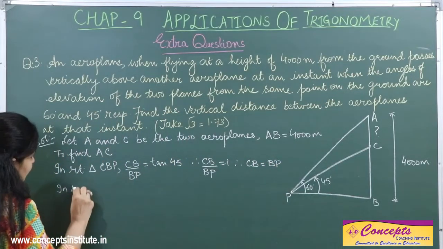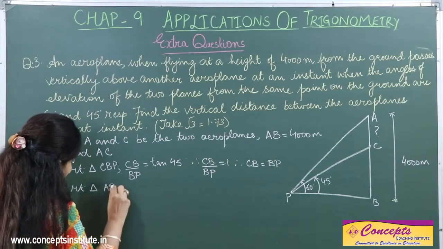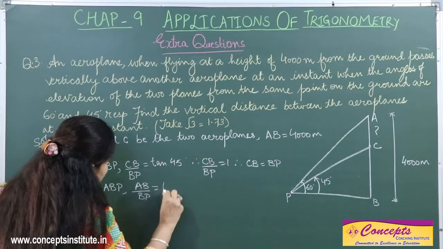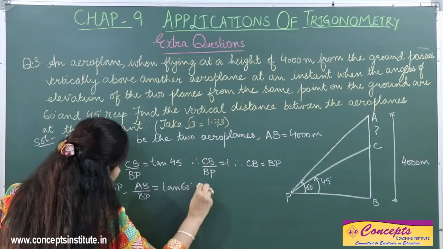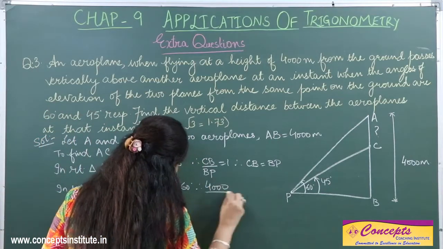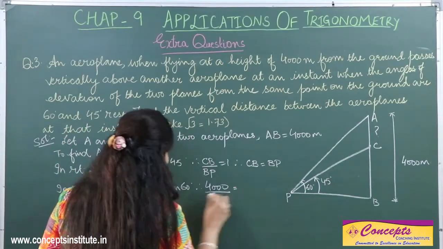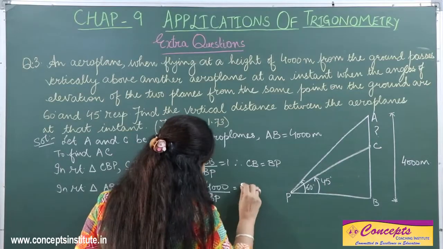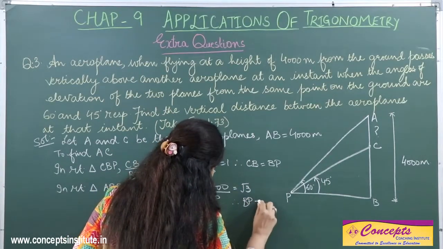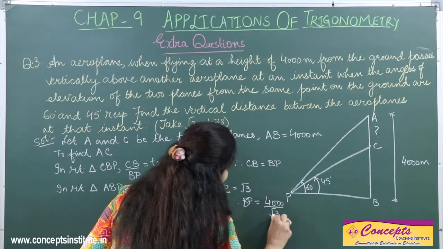Now, in right triangle ABP, we have AB upon BP equals tan 60. AB we know is 4000, BP we don't know, and tan 60 we know is root 3. So BP would come out to be 4000 upon root 3.